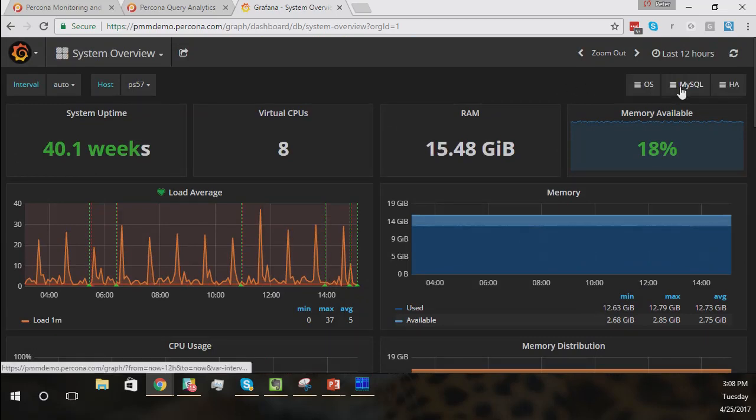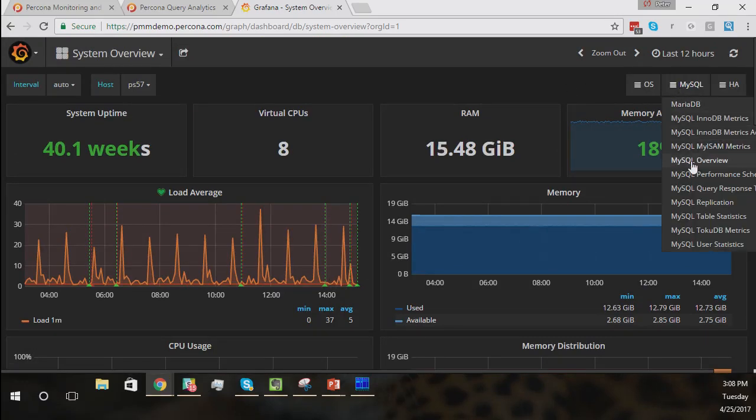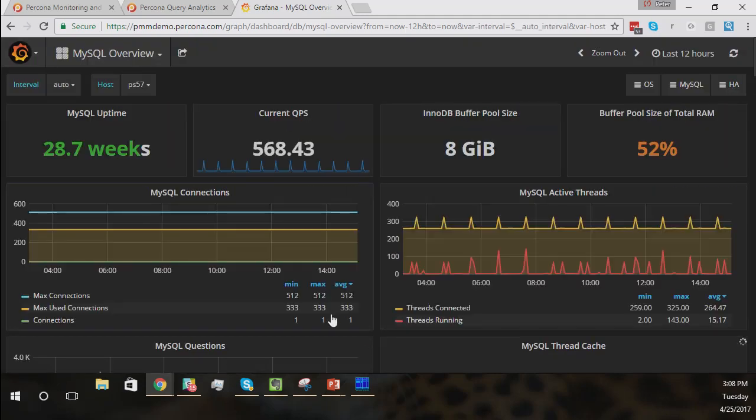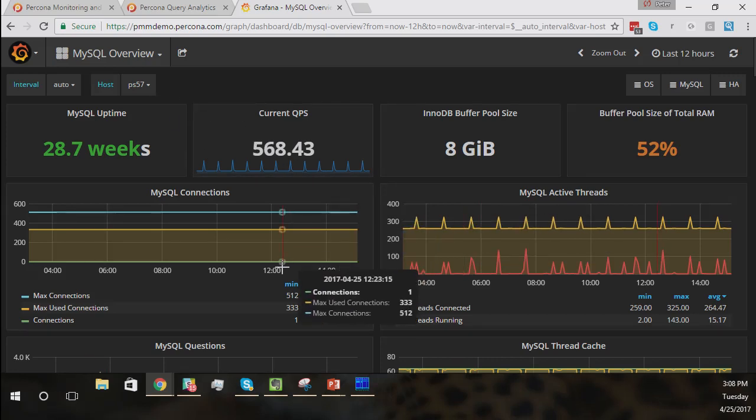Now, I can also go from there to MySQL overview, right? And here we provide easy ways to transition, which keep the same server selected, or the same MySQL instance, which looks very similar but looks at MySQL. MySQL uptime, queries, how large is the InnoDB buffer pool, right?